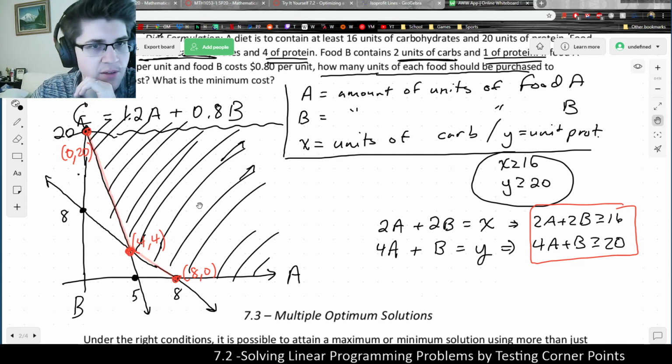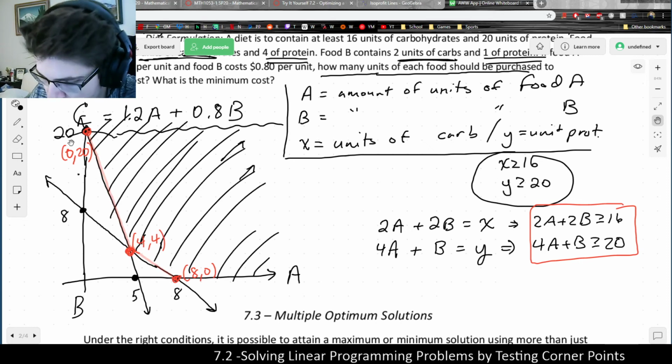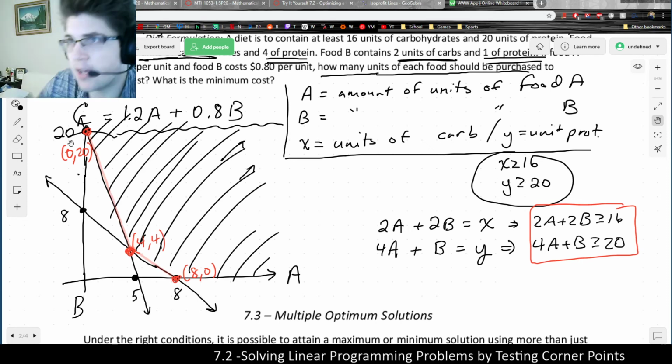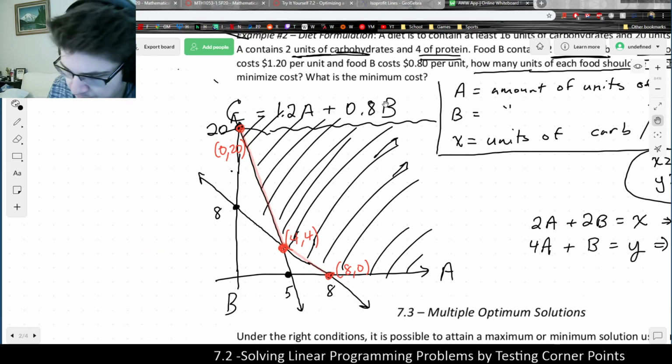It really just depends on the slope of the cost equation. But neither one of those is very extreme. So without doing any work, my guess is it will be the point 4, 4, but we still need to check to make sure. And so to finish that up, we're going to plug those 3 points into our cost equation and see what happens.